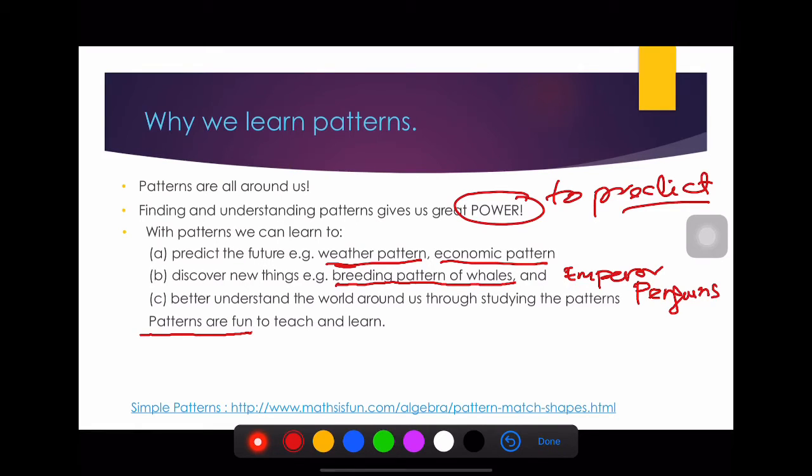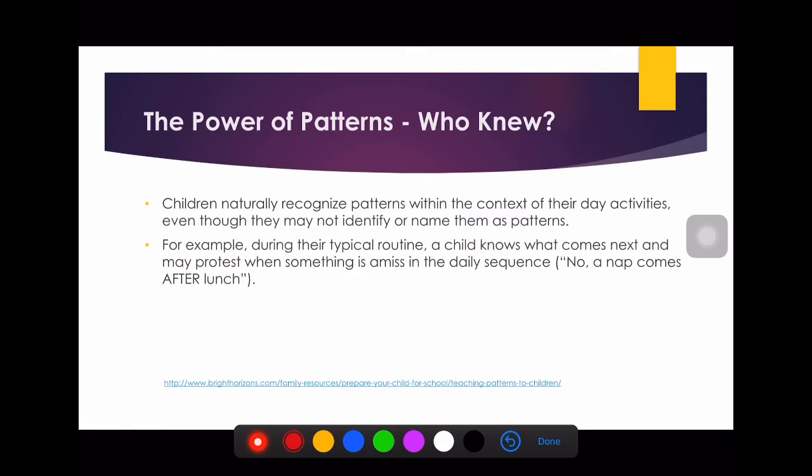Right, so here is a link for simple patterns that you might want to take a look at. Power of patterns. Children naturally recognize patterns within the context of their day activities. Day activities, that means from the time they wake up to the time they go to sleep. So for example, they are so used to their daily routine, and they actually know what comes next.